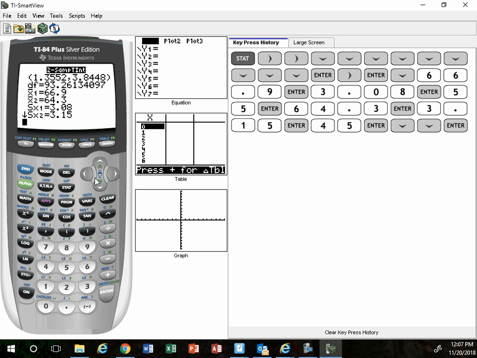Raise your hand if you are not seeing this on your calculator, if I lost you somewhere along the way. Please ask if something's not going right.